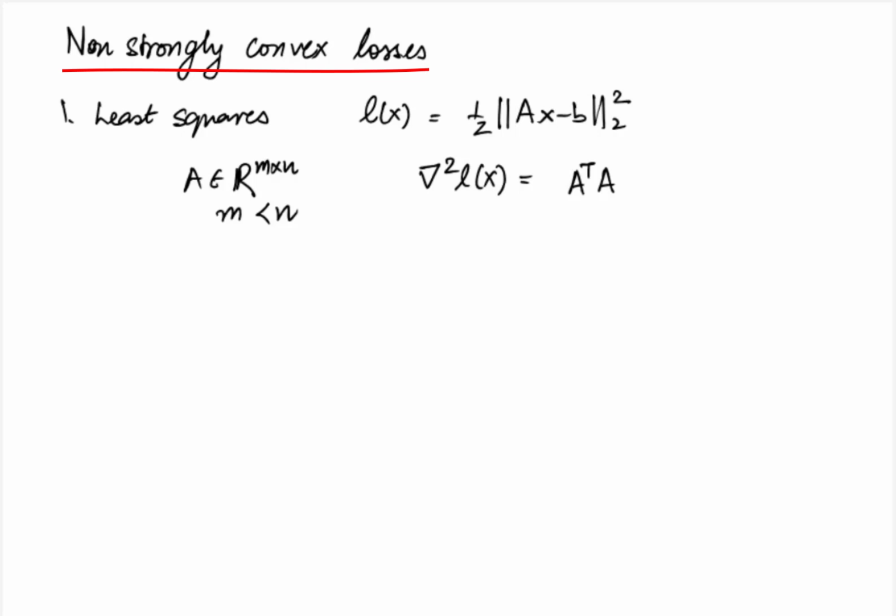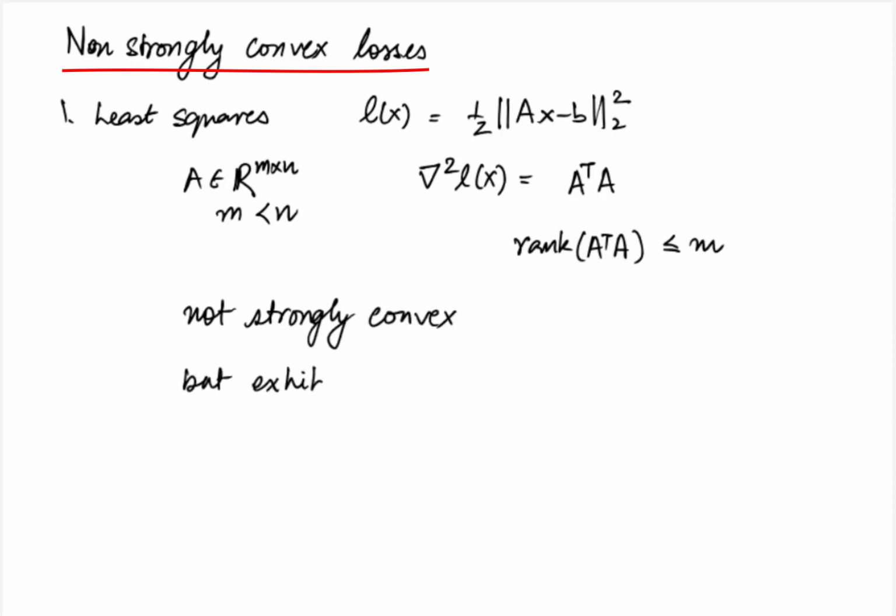In fact, the Hessian is an n cross n matrix, but its maximum rank is less than or equal to m. So at least n minus m eigenvalues are always 0. Hence the least squares loss function is not necessarily strongly convex. However, it also exhibits linear convergence, suggesting that our assumption regarding strong convexity can perhaps be relaxed.